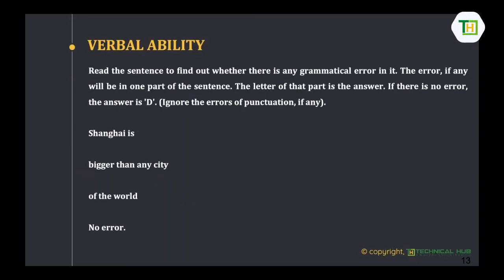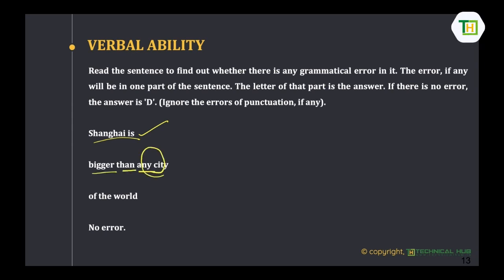Next one. Read the sentence to find out whether there is any grammatical error in it. The error, if any, will be in one part of the sentence. The letter of that part is the answer. If there is no error, the answer is D. Shanghai is correct. Bigger than any.